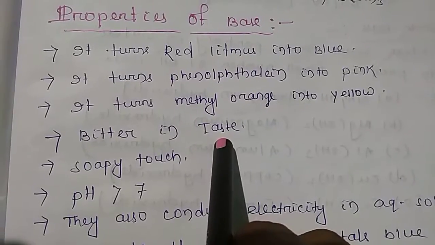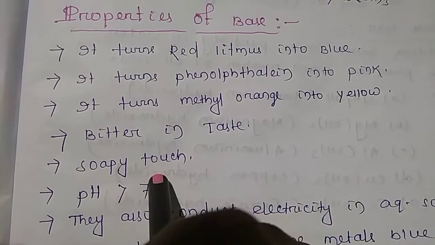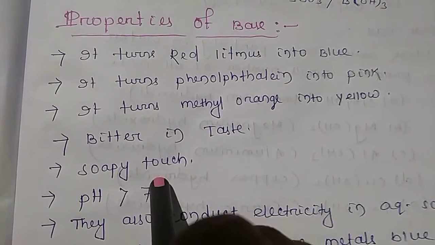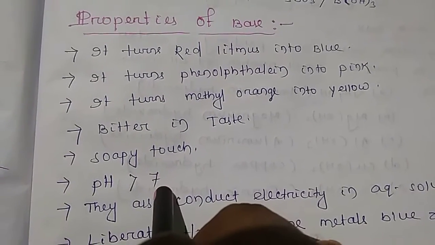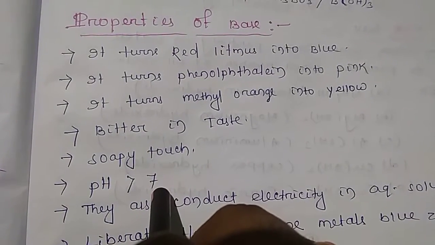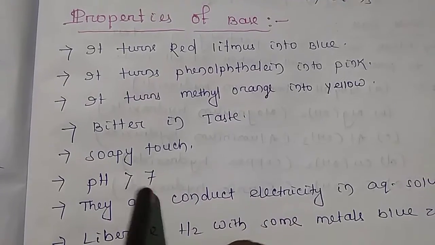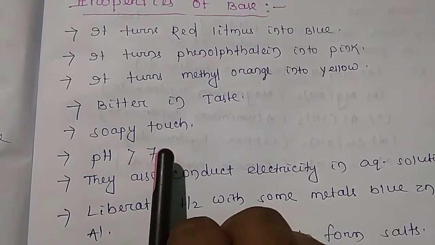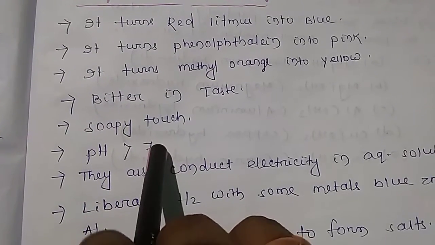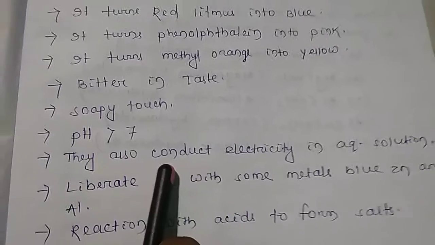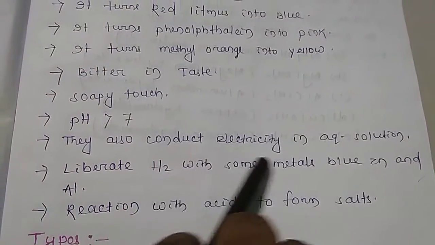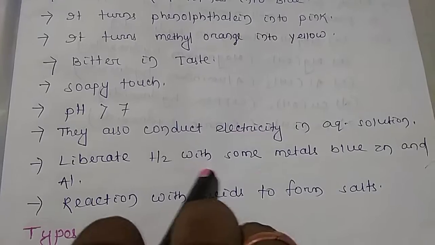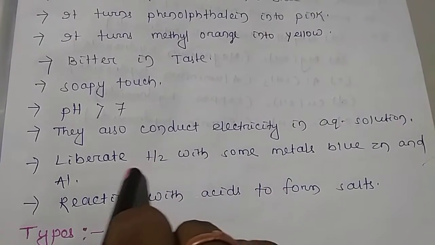Next, if we touch a base, it is soapy in nature. If we measure the pH value of a base, it will always be more than 7, and it ranges from 7 to 14. Like acid, it also conducts electricity in aqueous solution, and when it reacts with a metal, it will liberate hydrogen.